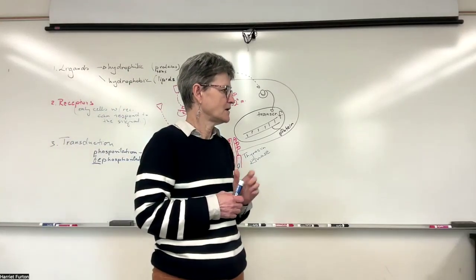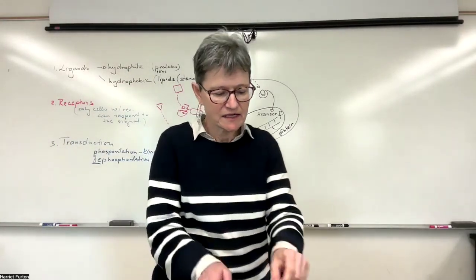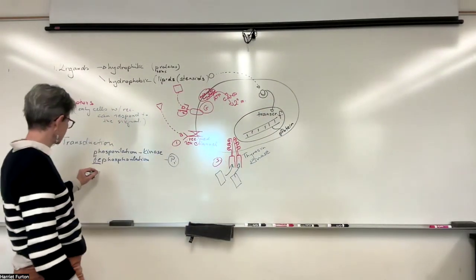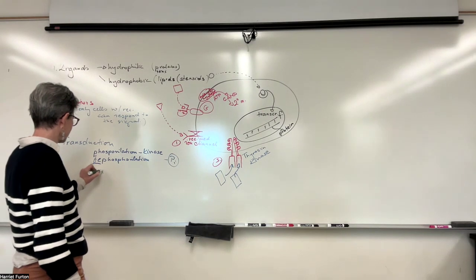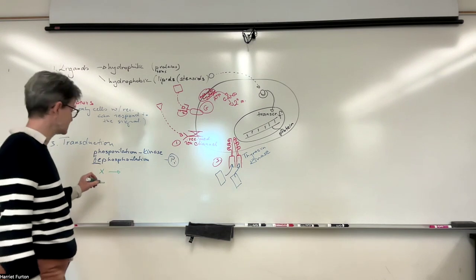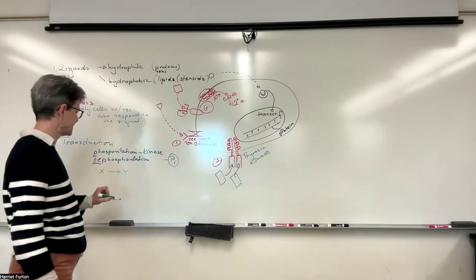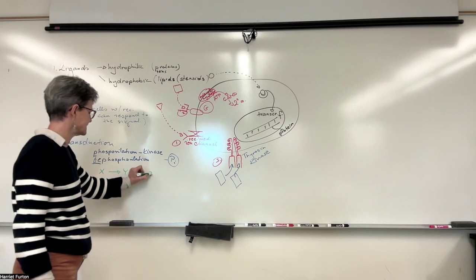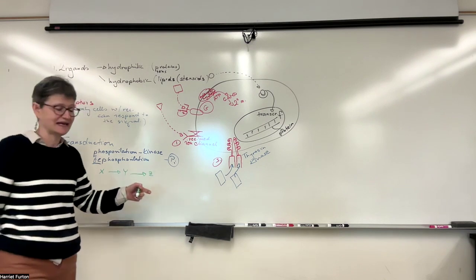Now, in the transduction process, we can just also draw it like X molecule or X substance is going to activate a Y substance, and it's going to activate a Z substance. This is a cascade.